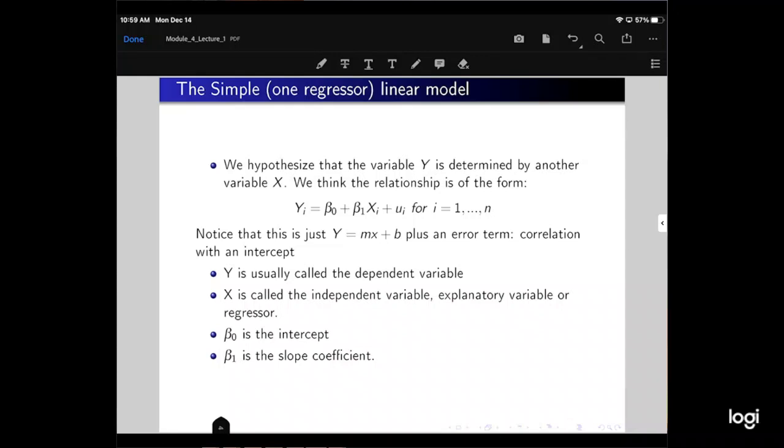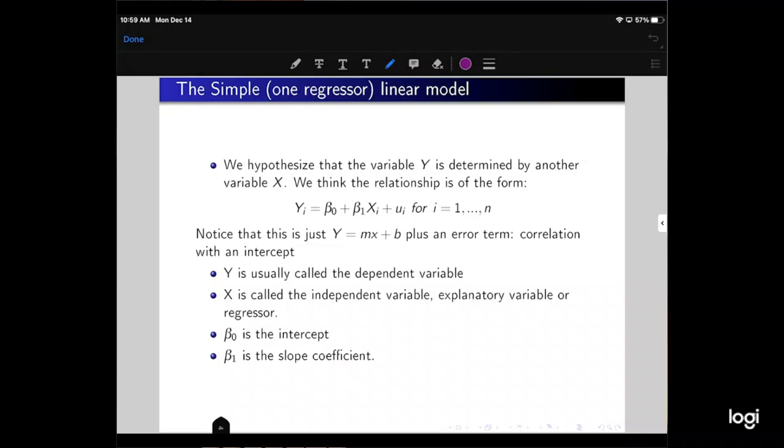Here's the simple one-regressor linear model. We hypothesize that the variable y is determined by another variable x, and we think the relationship is of the form yi equals beta 0 plus beta 1 xi plus ui. Notice that this is just y equals mx plus b plus an error term.